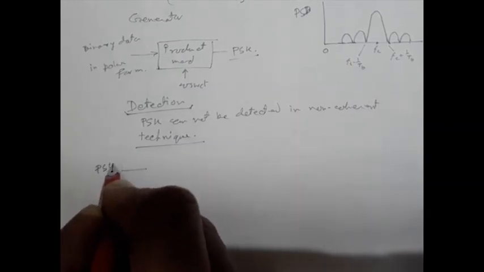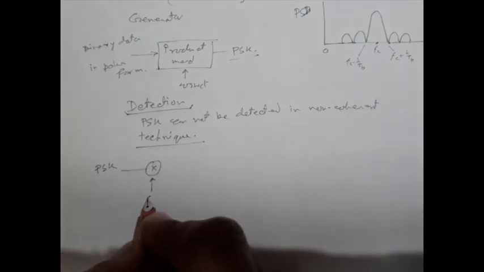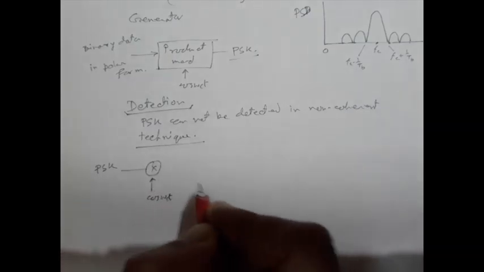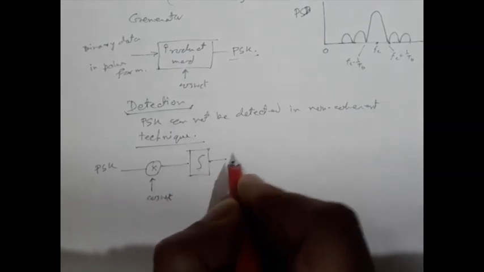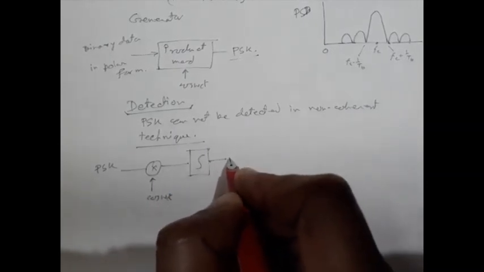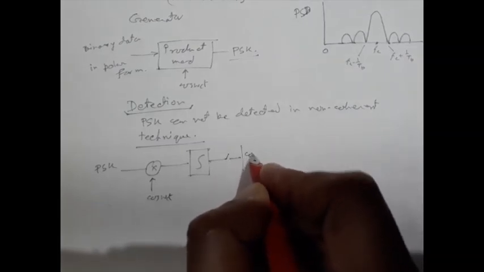For the PSK signal, first we need a locally generated carrier, then we have an integrator, then some kind of sampler and comparator.